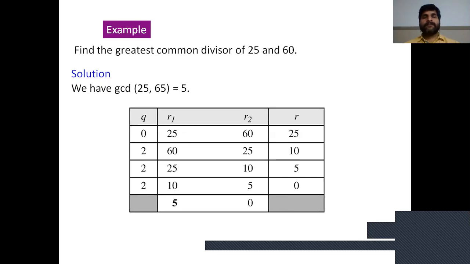Another example: the greatest common divisor of 25 and 60. The solution of this example: GCD(25, 60) equals 5.